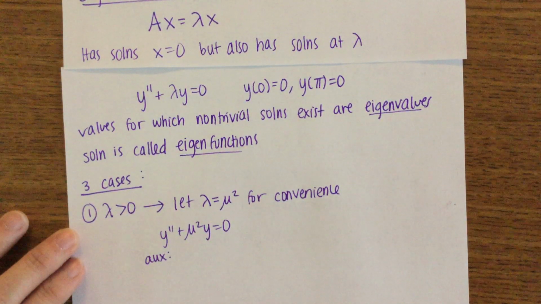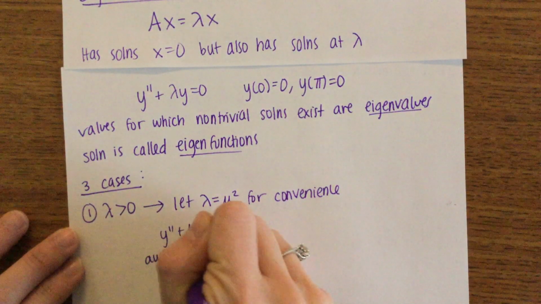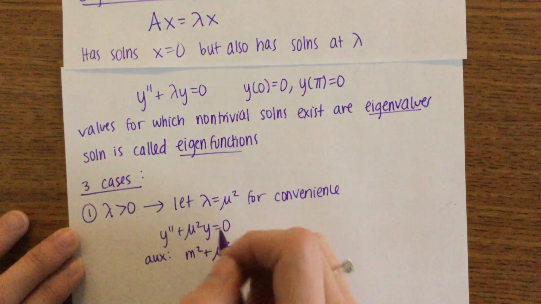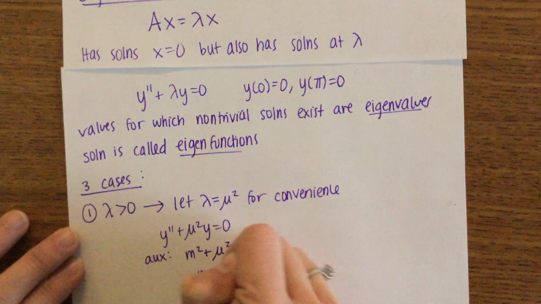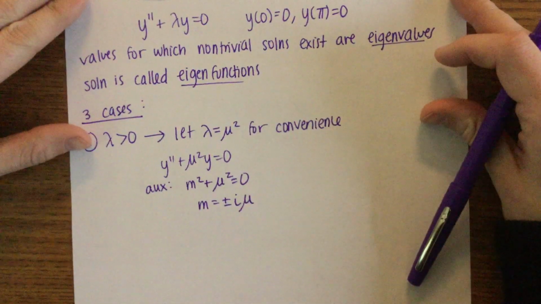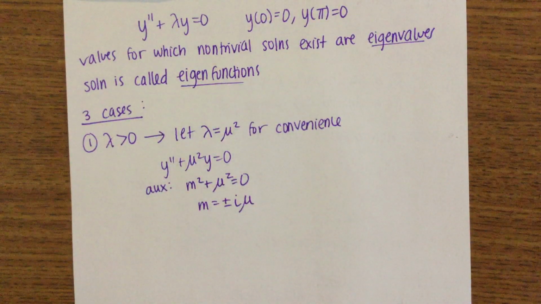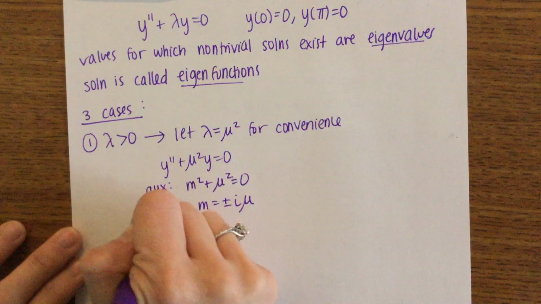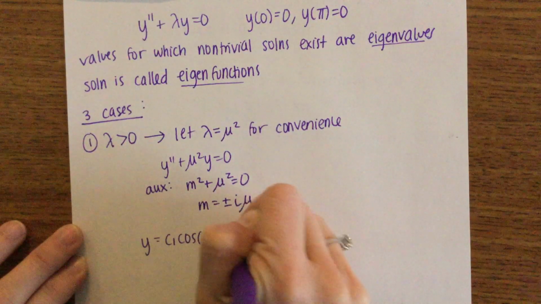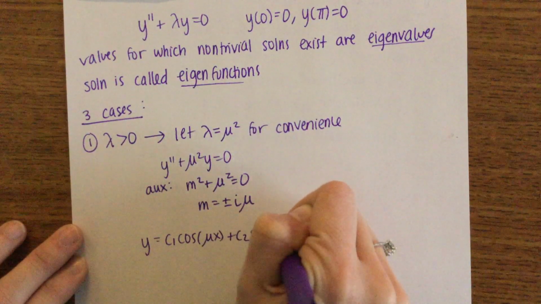Your auxiliary equation then will be m squared add mu squared equals 0. So m then is plus or minus i times mu. Our solution then is c1 cosine of mu x add c2 sine of mu x.